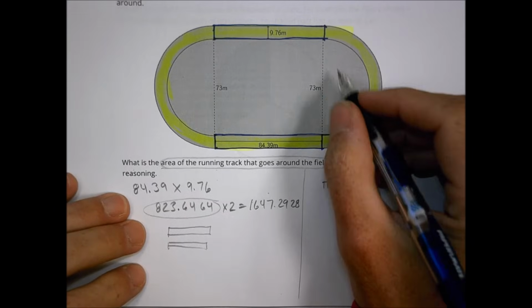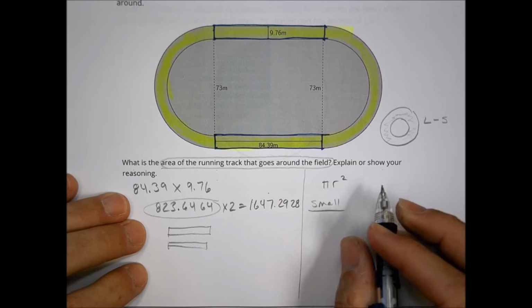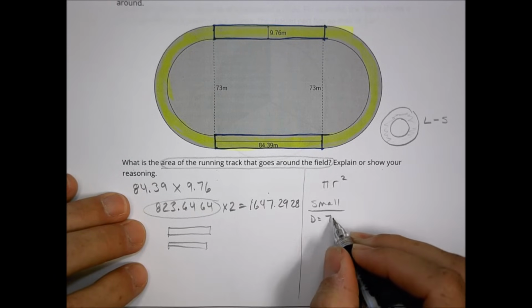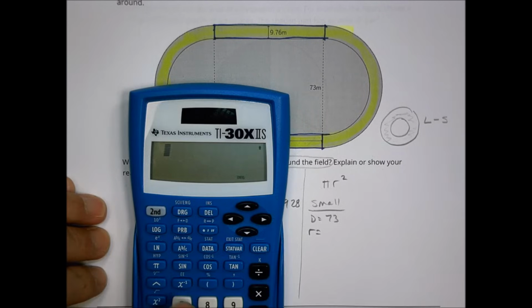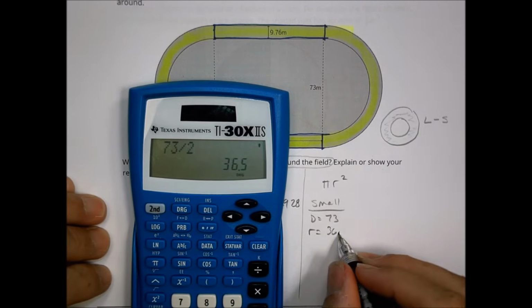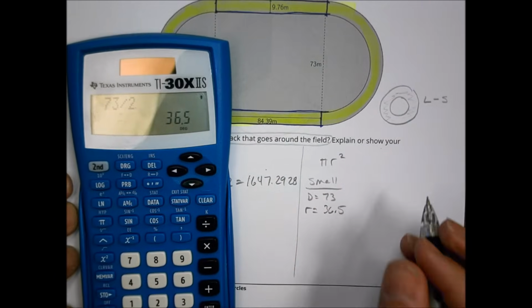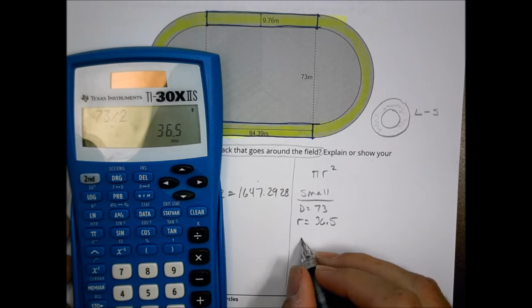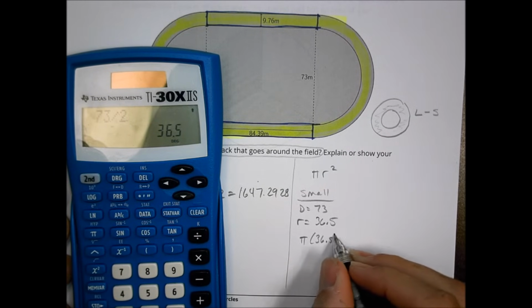So the radius of the small circle, let's do the small one. I had a diameter of 73, which makes my radius equal to half that. So 73 divided by 2 is going to be 36.5. Okay? So for the small circle, let's do pi times 36.5 squared.